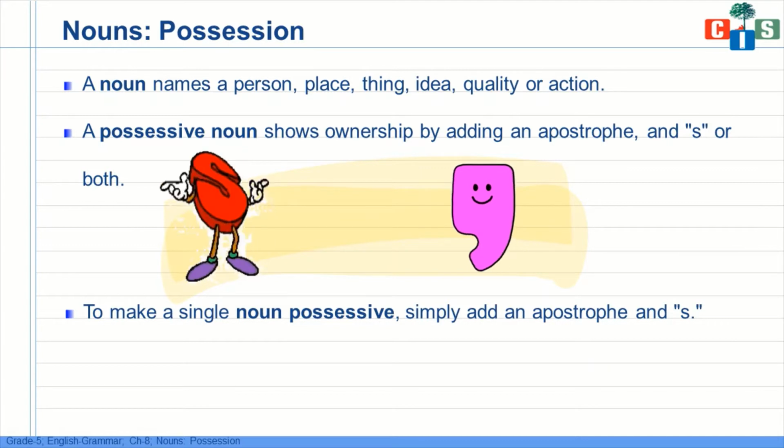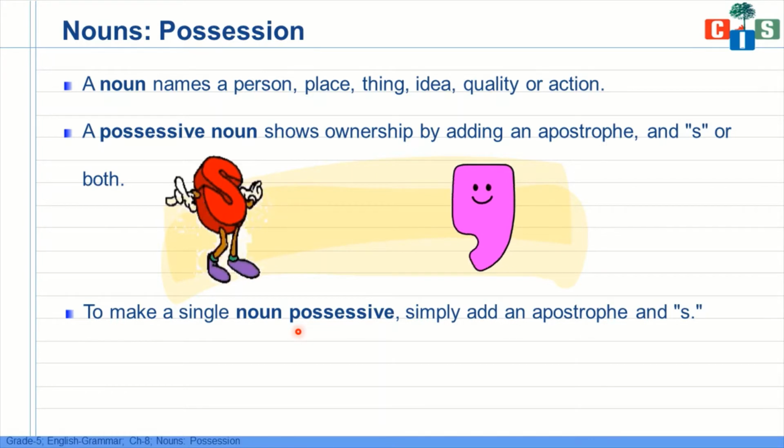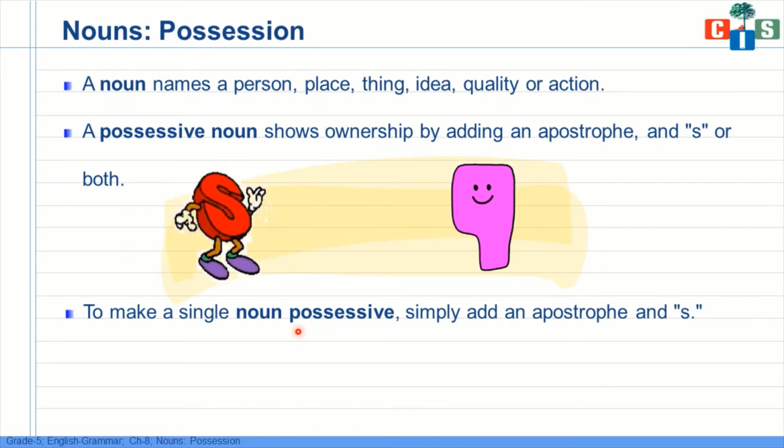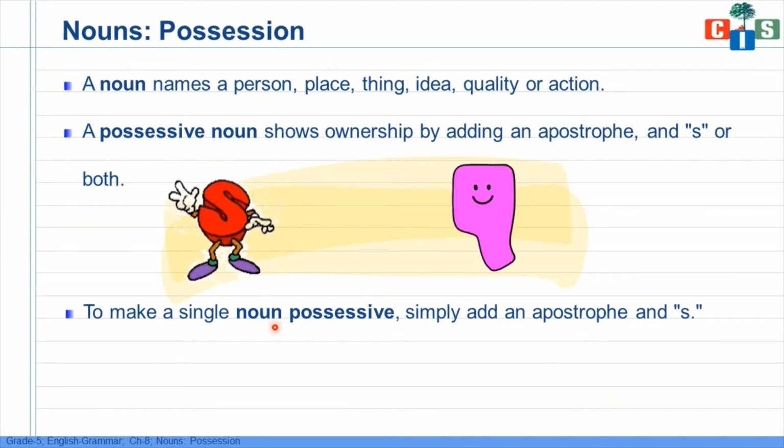Okay, there is one more point. To make a single noun possessive, simply add an apostrophe and s. It means when we have a singular noun and we have to make it a possessive noun, then what do we have to do?